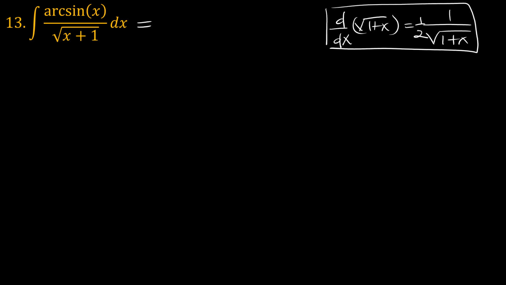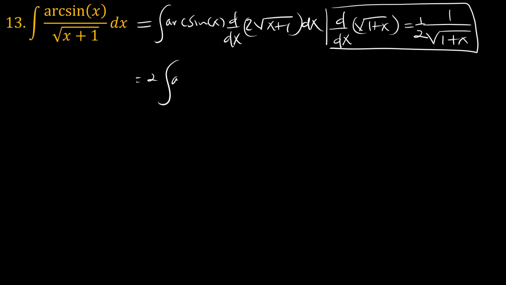So what this means is that we can express this integral as times the derivative of twice that. And so we can pull that 2 out. And that's what we have.